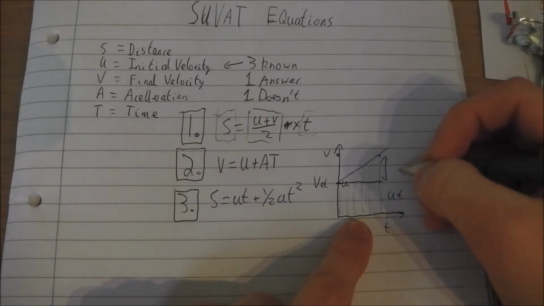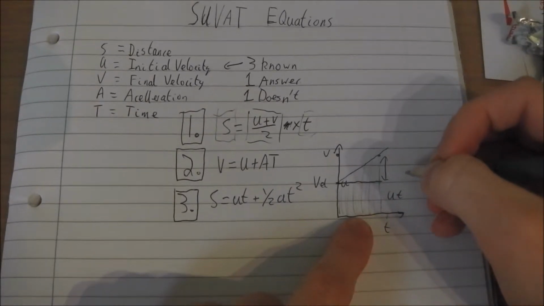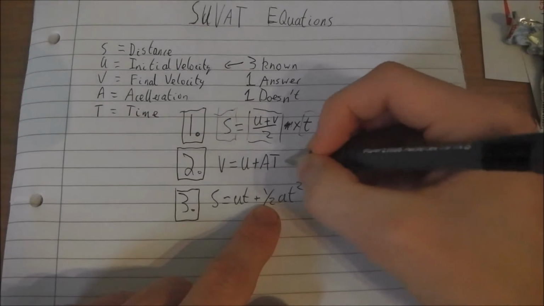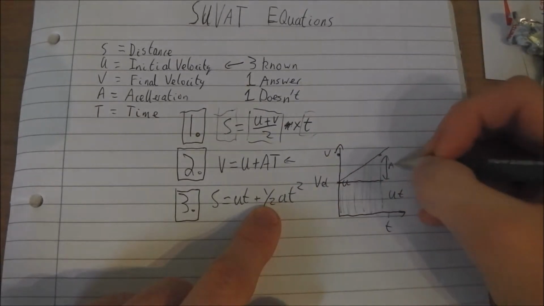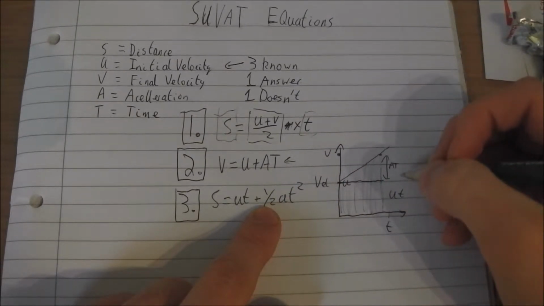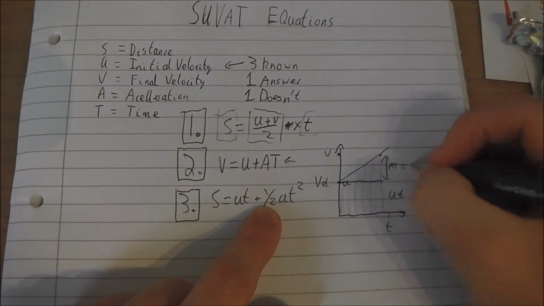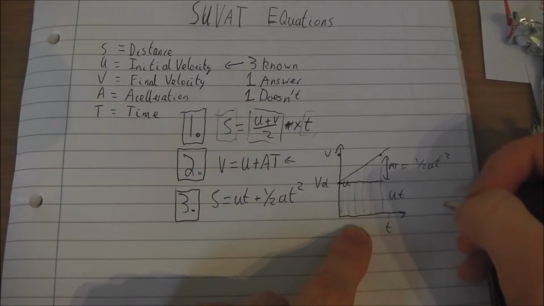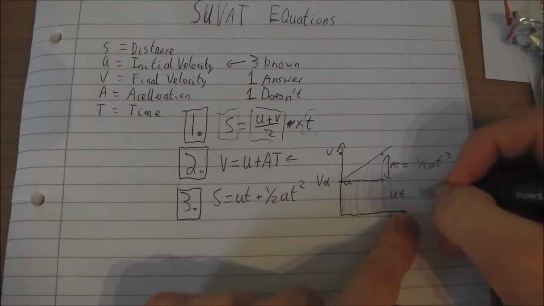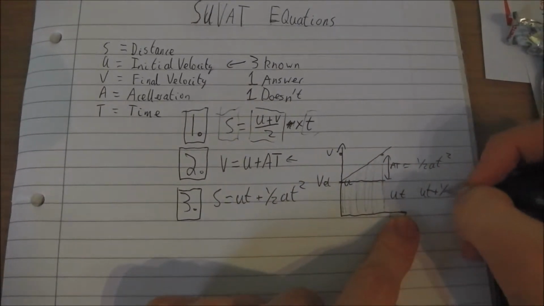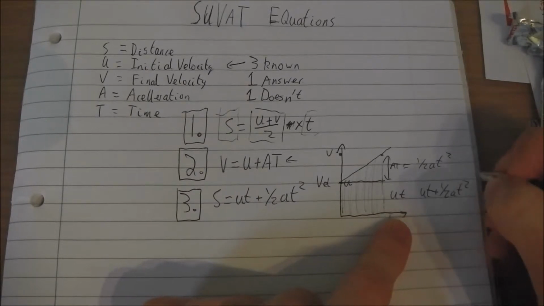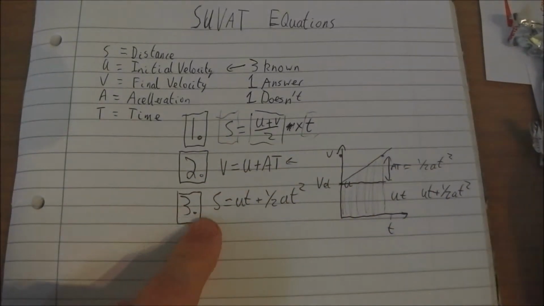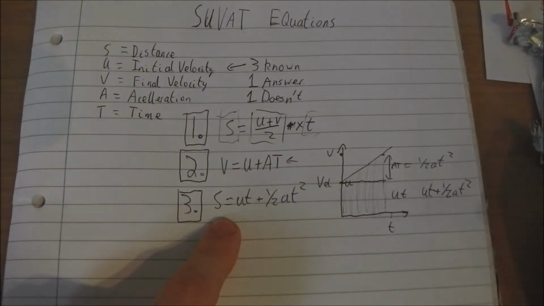The height is the change in velocity, which we noticed earlier is AT. So the area of this is half AT squared, timesing it by the bottom bit here. So we know that the total area is UT plus half AT squared, and the area is the distance. That's the explanation of this equation.